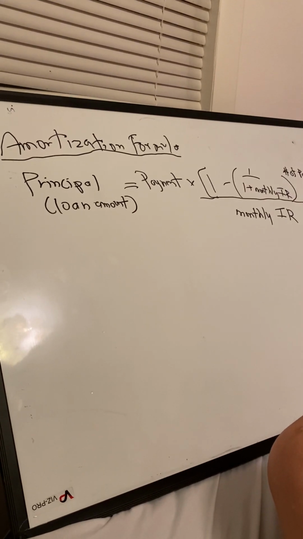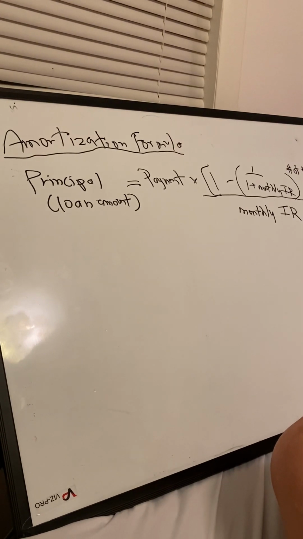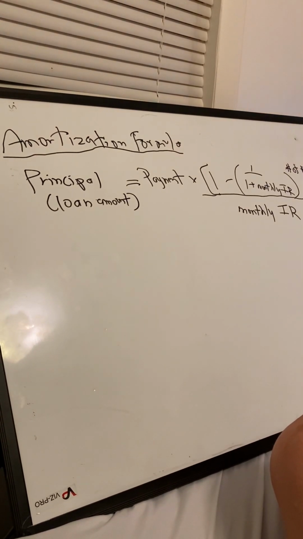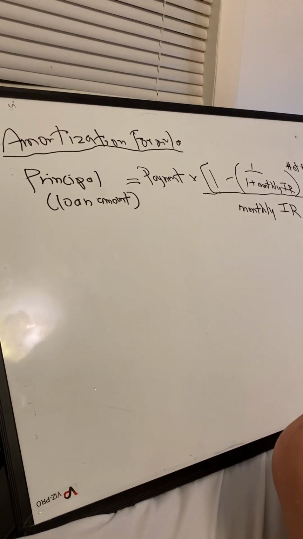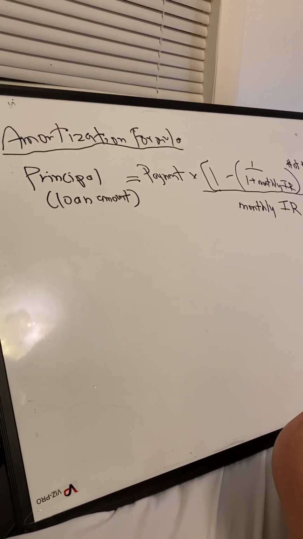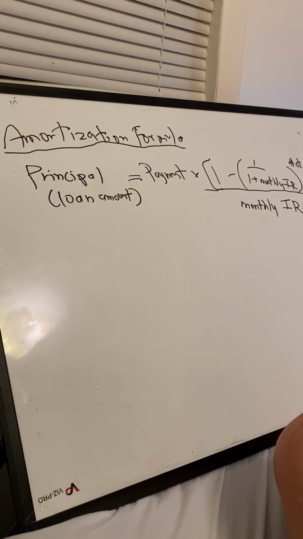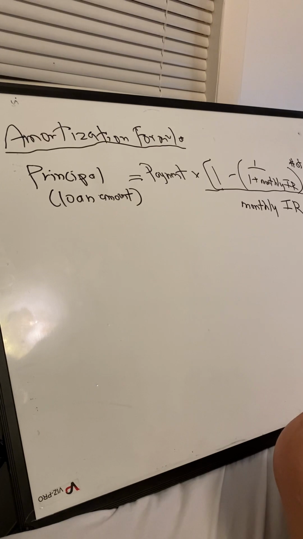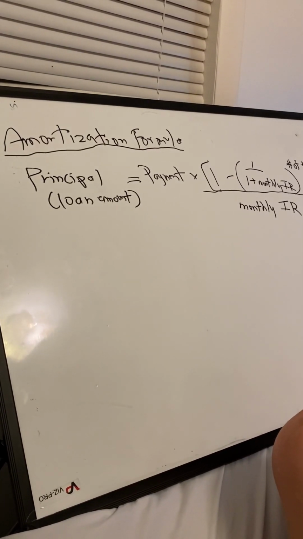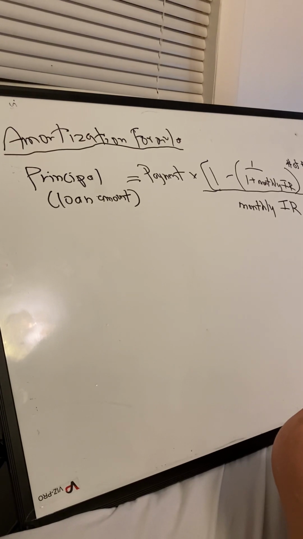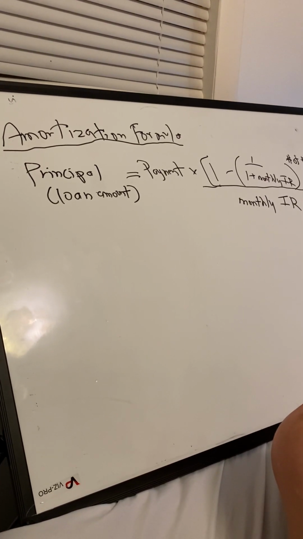So for example, let's say the payment's $1,000 and the loan amount, the total principal or loan, was $200,000, but it was over 25 years, which ends up being 300 payments. So if we had 300 payments of $1,000, we'd be paying $300,000.